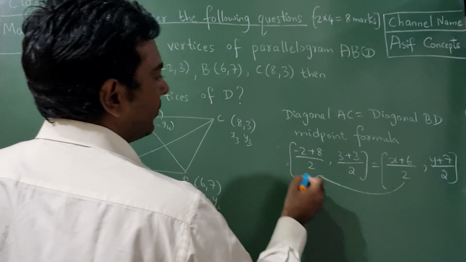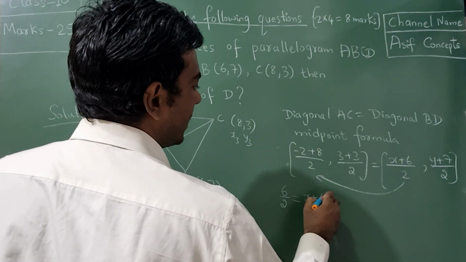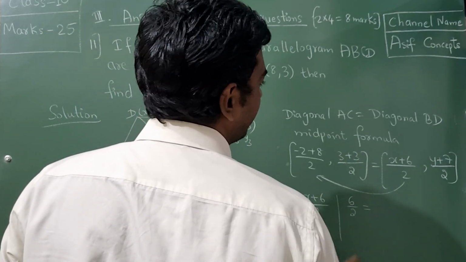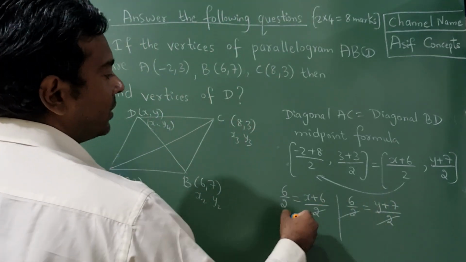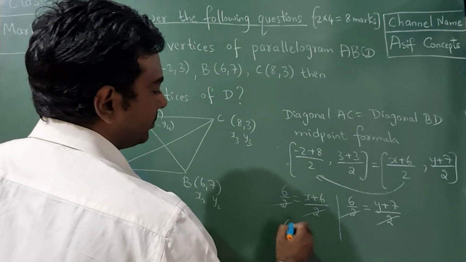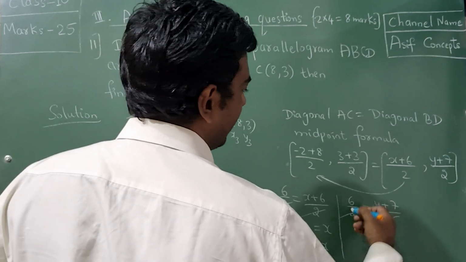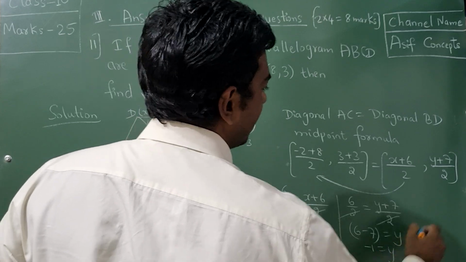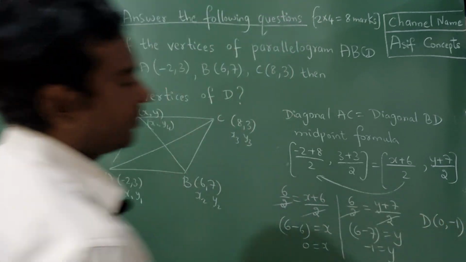Now equating, so 8 minus 2 is 6 by 2 and here I am going to write x plus 6 divided by 2. 3 plus 3 is 6 by 2 and here it will be y plus 7 divided by 2. Cancel this 2 and this 2. So take this plus 6 on the left hand side, it will become minus. So x value is 0, and take this 7 on the left hand side, it will become minus. So y value is minus 1. So D coordinate is 0 comma minus 1.